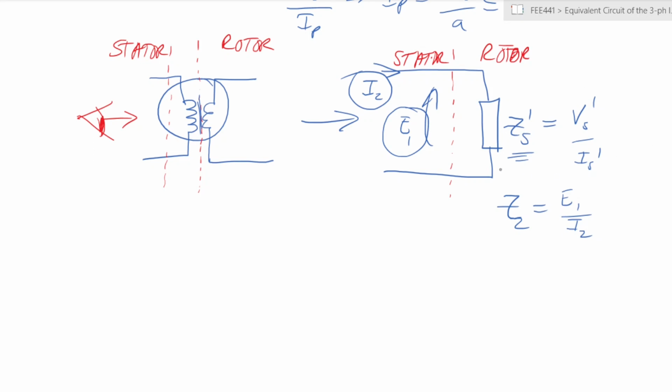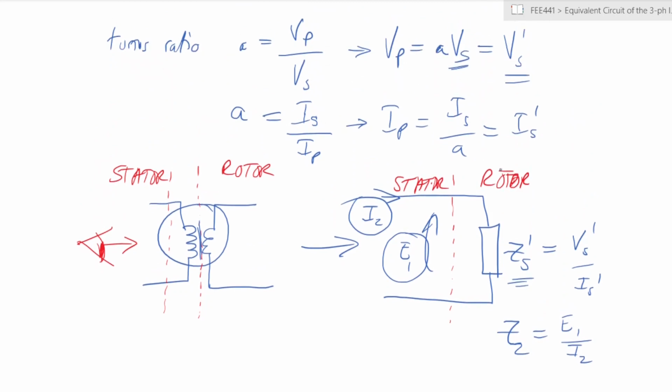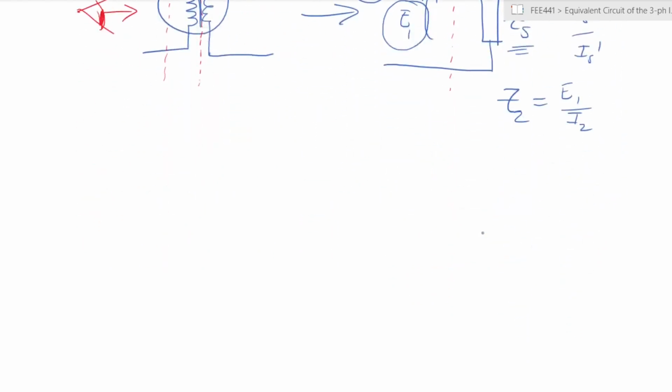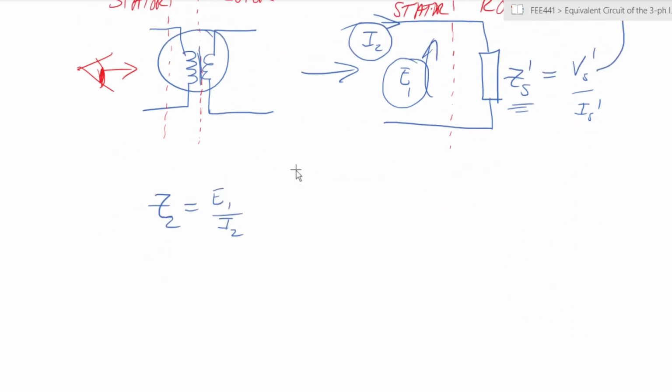So what does that tell us? Now that means this Z2 and E1, if we rearrange again, remember this VS1 came from here. And what is VS1? It is given by AVS. So if we pull this across so that we can work on it, right?